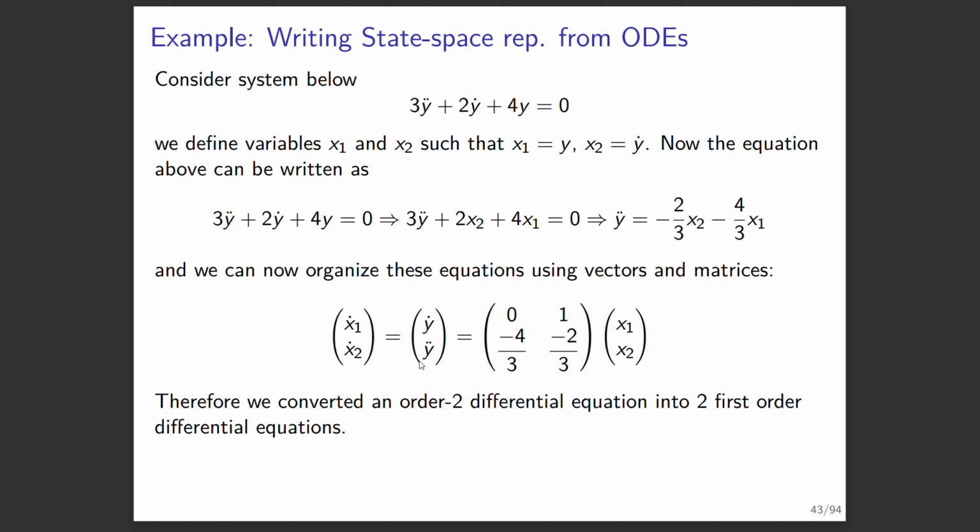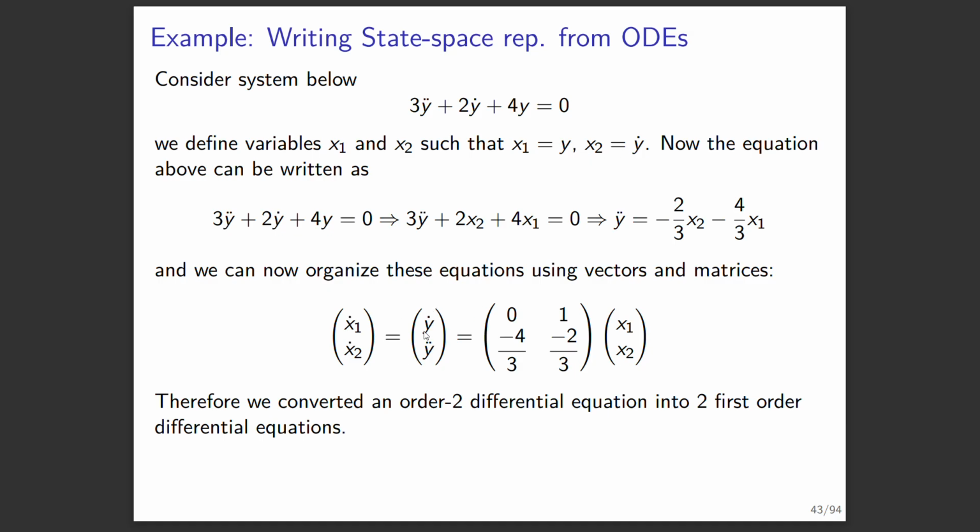Now, okay, that was the second row. How did I write the first row here? Where did I get 0 and 1? I'm claiming 0 times x1 plus 1 times x2 is y dot, which is x1 dot. How did I write this down? Well, from the definition right here. Y dot is x2.